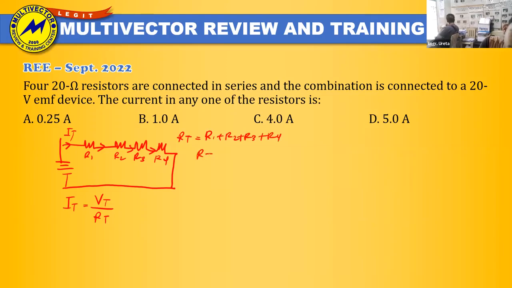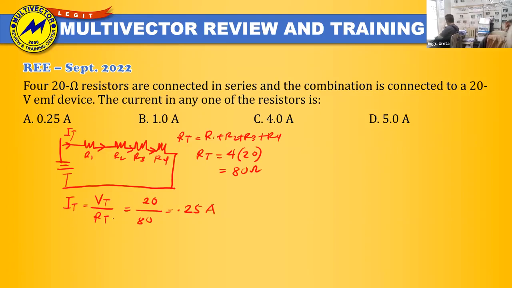Sir, pare-parehas lang yung value, no? So 4 times 20, I mean, or 20 plus 20 hanggang masama mo yung apat, which is 80 ohm. Okay, the total current is the total voltage all over the total resistance, 20 over 80, which is 0.25 ampere.